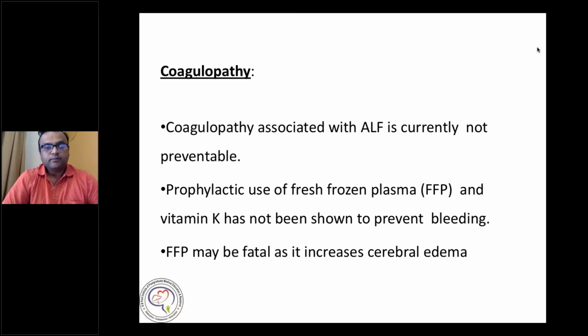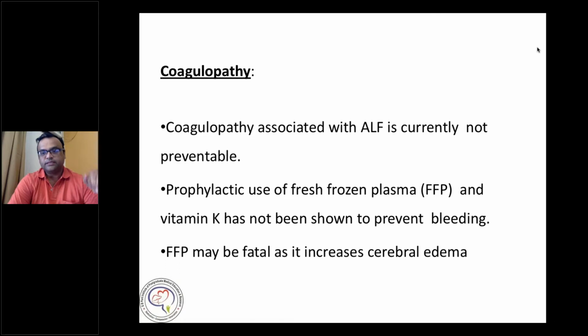Remember that fresh frozen plasma, which is used for coagulopathy associated complications, should never be used prophylactically. Unless there is a bleeding, do not use FFP or fresh frozen plasma. Why not use plasma prophylactically?